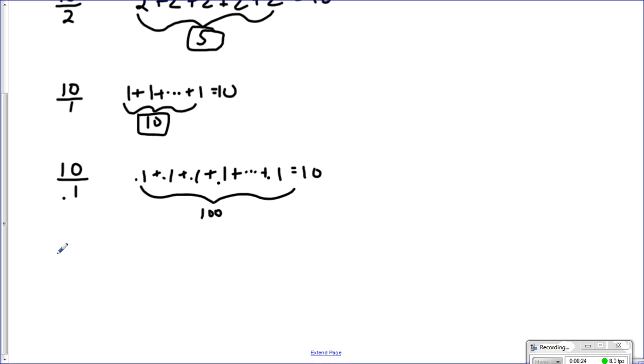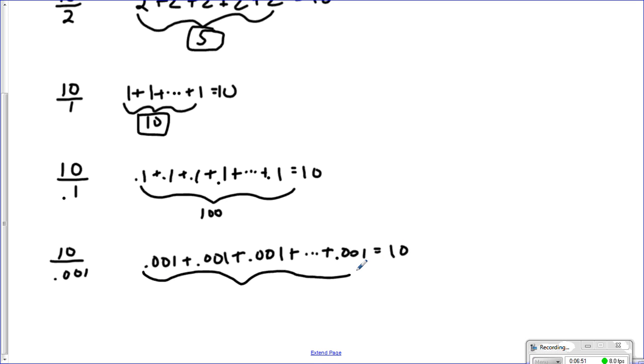I'm going to jump down to 10 divided by 0.001. 0.001 plus 0.001 plus 0.001, and I keep on going until I get to 10. And I ask, how many did it take?